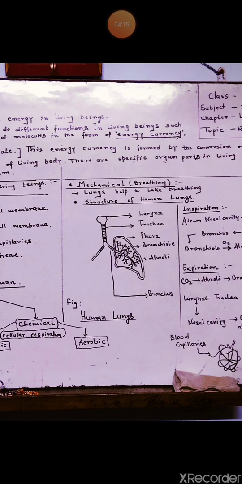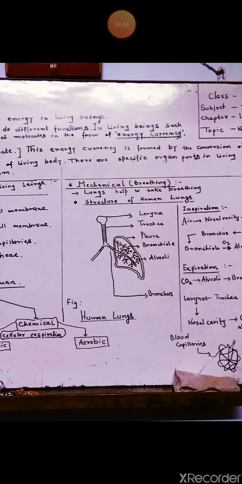So here we can just introduce the terms, and later I suggest you read them. The terms are residual volume and tidal volume. About residual volume and tidal volume, I will explain in another video.